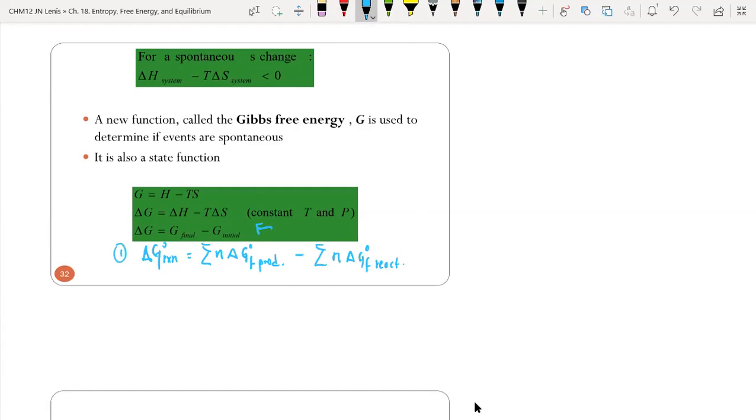So that's one way to measure delta G. The other way is just using this relationship. Delta G equals delta H minus T delta S at constant temperature and pressure. So if we use standard conditions, we have delta G standard equals delta H standard minus T delta S standard.